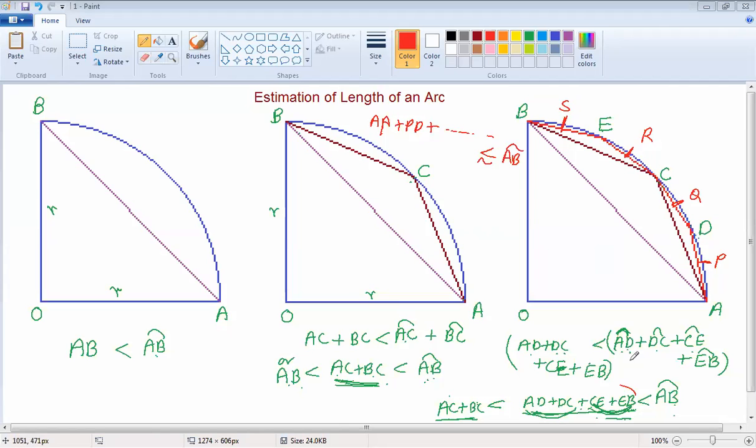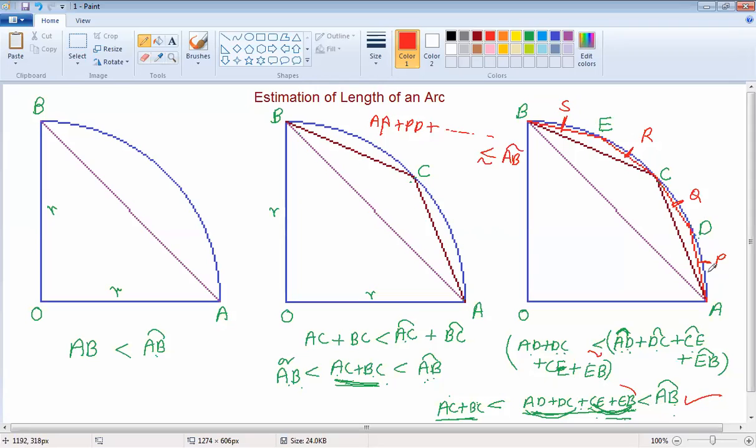If we add these four straight distances, these will be slightly less than the sum of the four arcs. And the sum of the four arcs, because these four arcs are the four parts of the arc AB, will be the total arc AB. And therefore the sum of just these four distances is very near to the actual arc length.